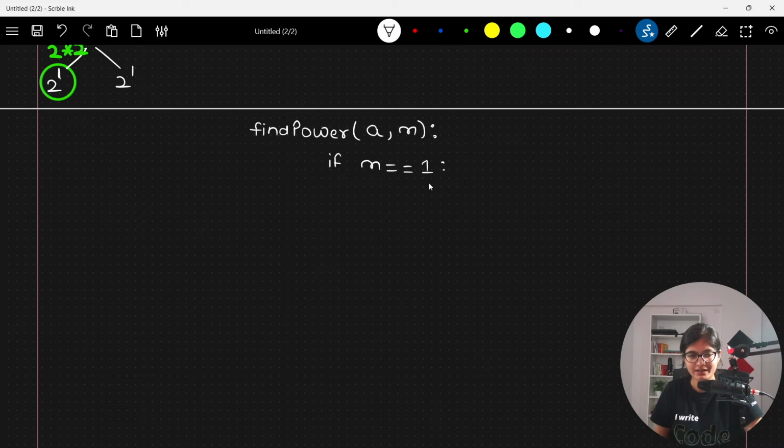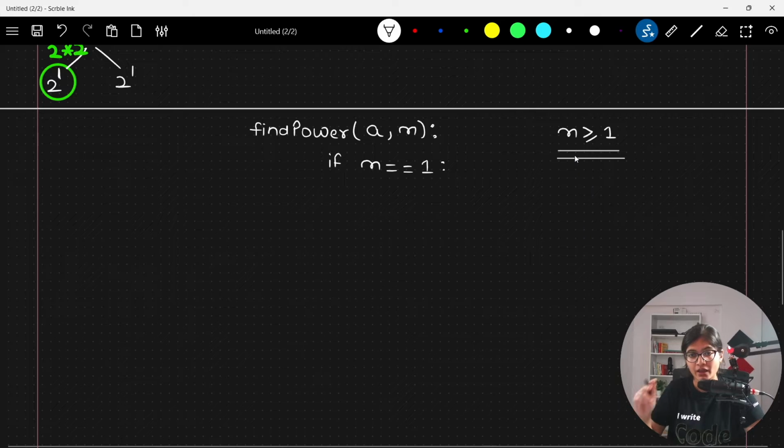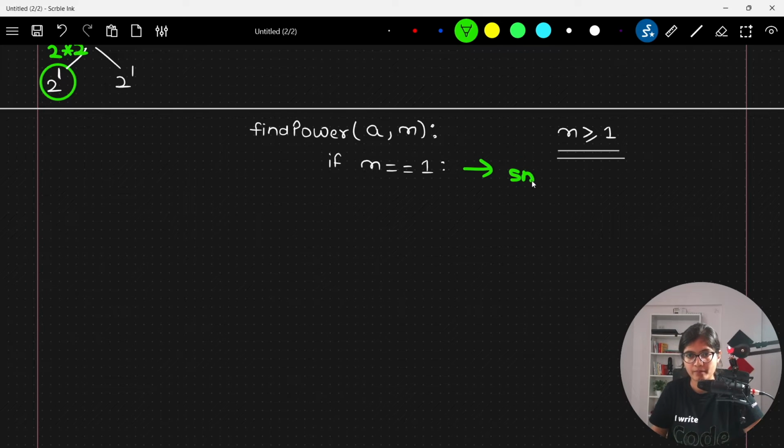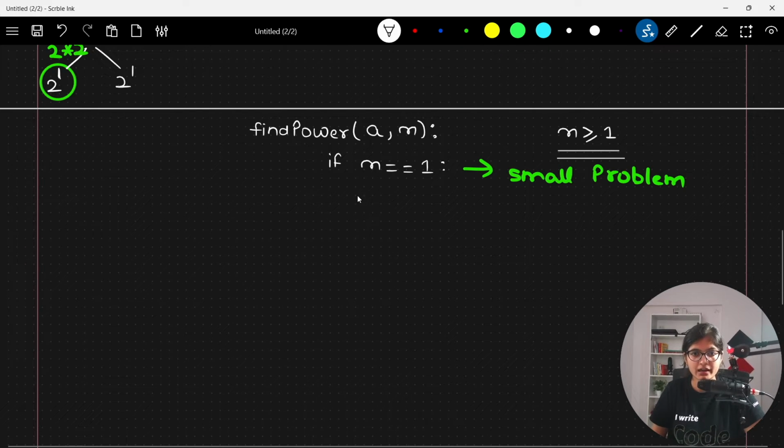Here we are assuming that n should always be greater than or equal to 1. I am repeating, this is the constraint given to us. If it is equal to 1, it means it's a small problem, and because it's a small problem, we don't even require the divide and conquer approach. Here we can directly return the value as a.